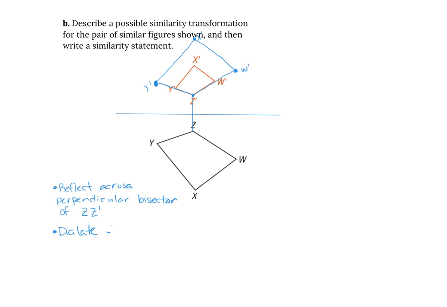So we would dilate from Z prime so that Y is on Y prime. And then after we've done that, we can prove that WXYZ is similar to W prime X prime Y prime Z prime.